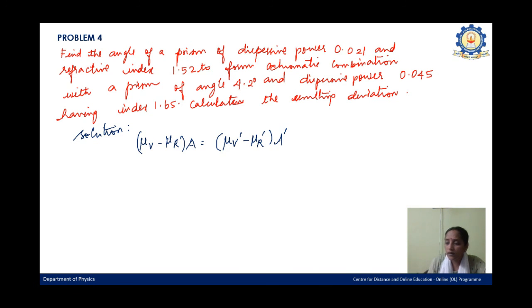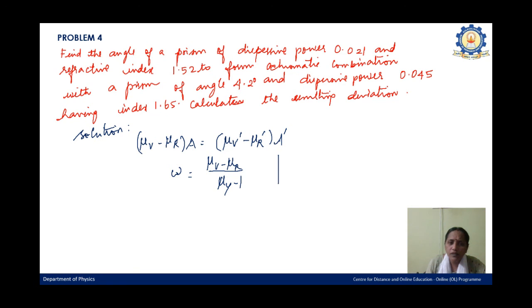So next thing is, we have to write the same in terms of dispersive power. Omega is equal to, so this is one way of writing the condition. Now the same dispersive power is going to be written as mu v minus mu r divided by mu y minus 1. What is mu y? It is the refractive index of yellow.